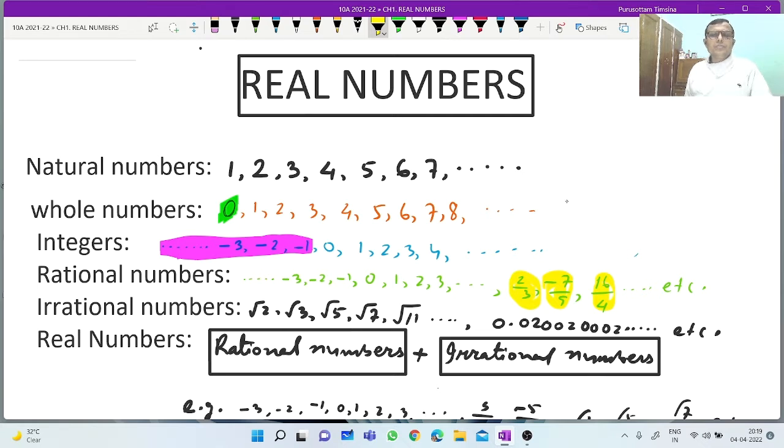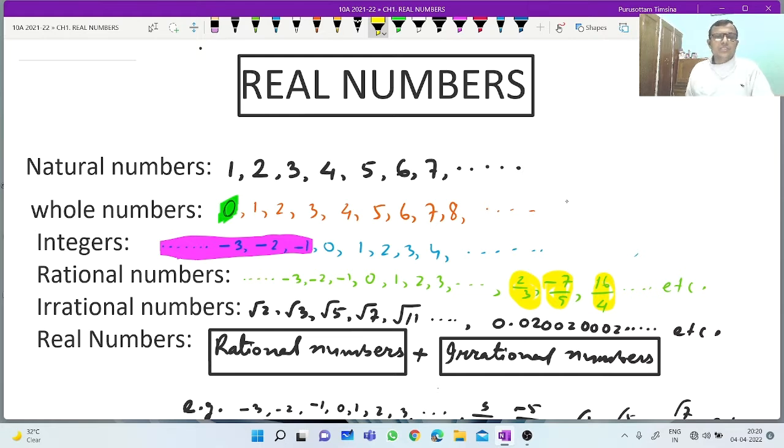How can we define a rational number? A number which can be expressed in p by q form, where p and q are integers and q not equal to 0, is a rational number.